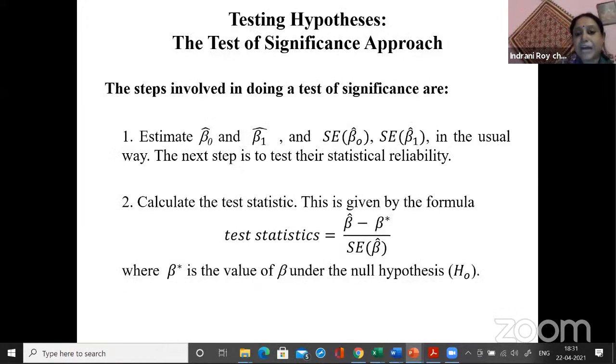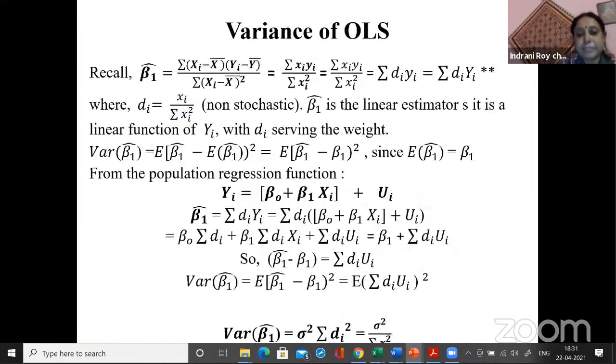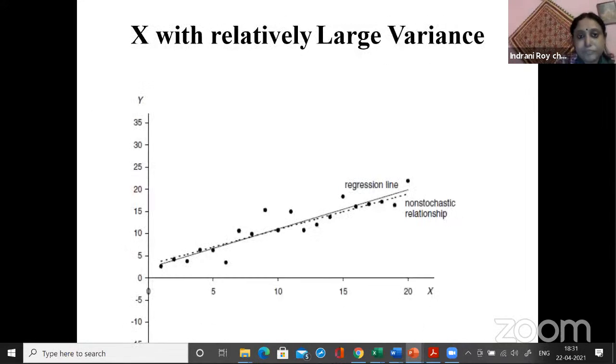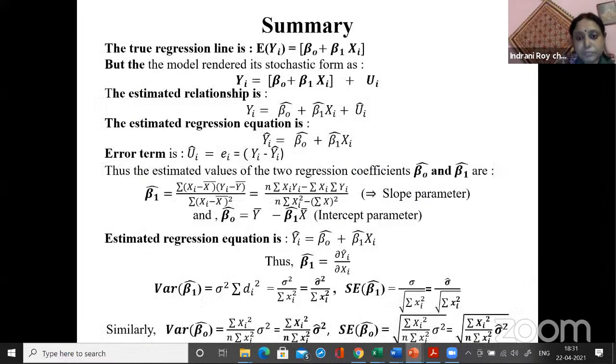So what we have done so far, let me just summarize. Yes. So we tried to explain 4 different kinds of equations. The first 2 are from the population, and the next 2 equations are from the sample. So this one is actually your regression equation.